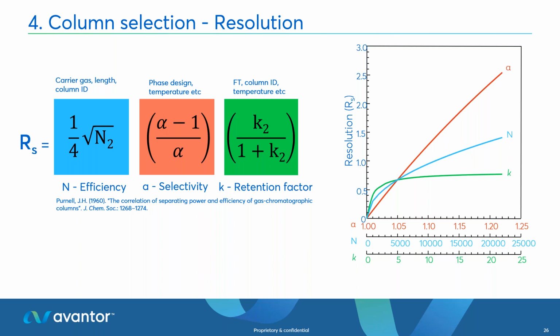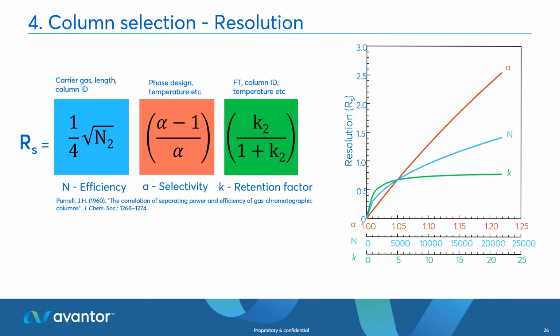If we've got late eluters, then these tend to have a retention factor above 5, and these peaks may be showing peak broadening. So for better resolution, we maybe need a thinner film thickness and then increasing the temperature. This will help the analytes elute faster. But one thing to mention is that as the temperature increases, the retention factor is going to decrease. So there are caveats when we're changing these parameters.